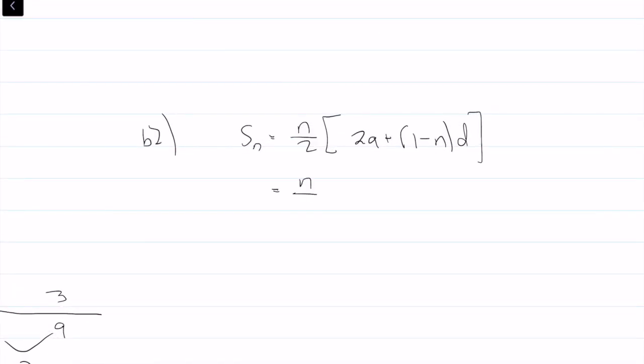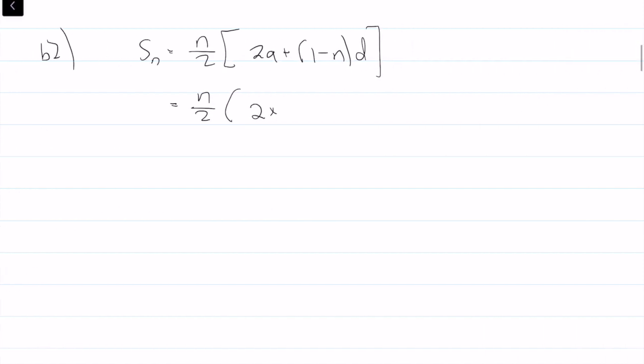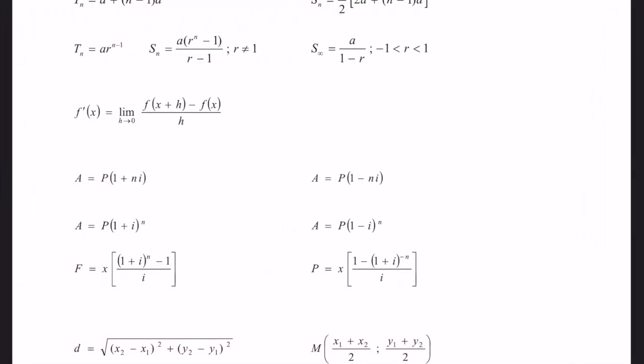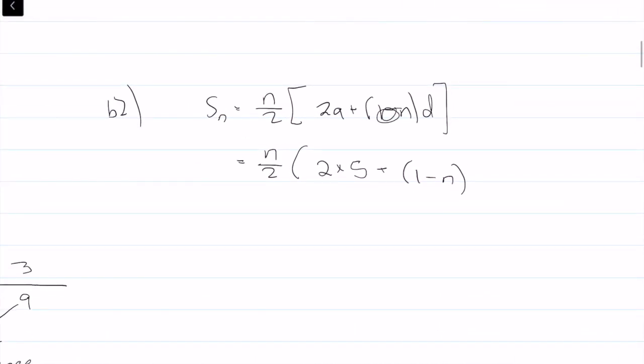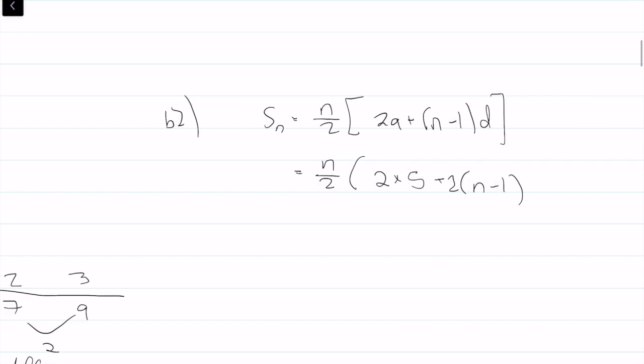We leave that as n over 2, and we have 2 times a, the first term, which is 5, plus n minus 1, and times d, which is the common difference we worked out was 2. So times 2.